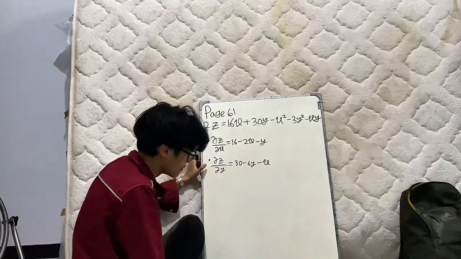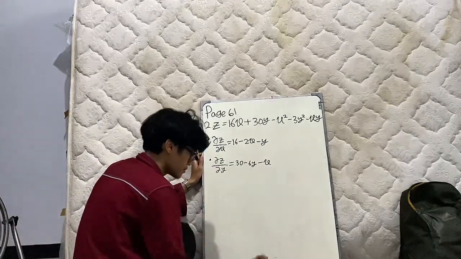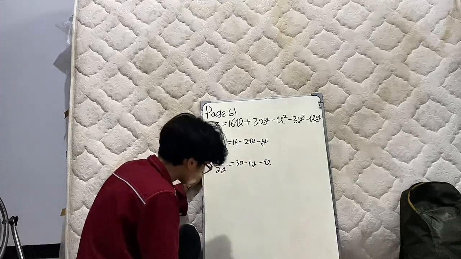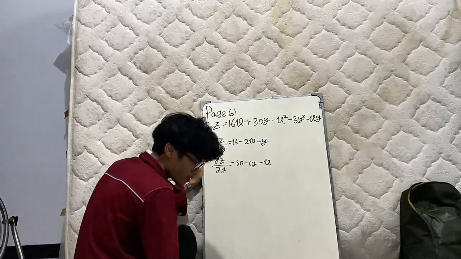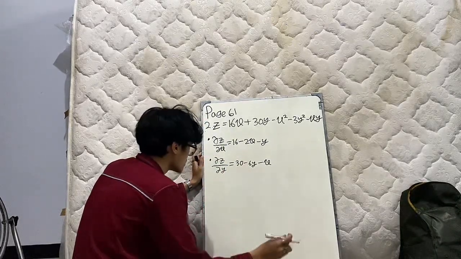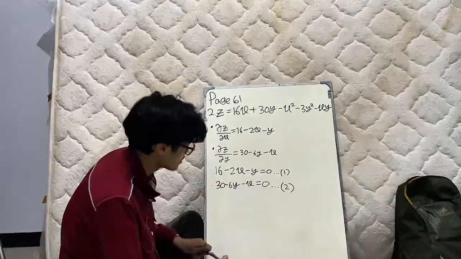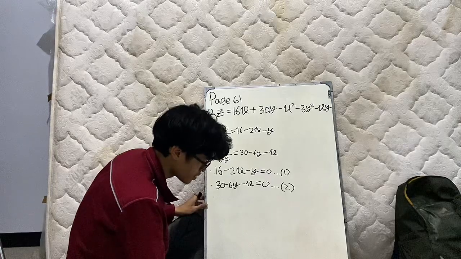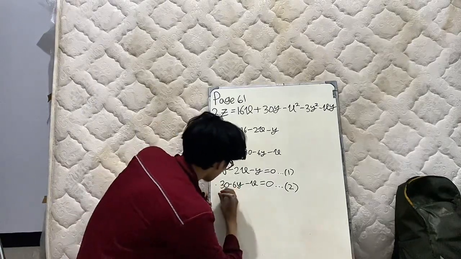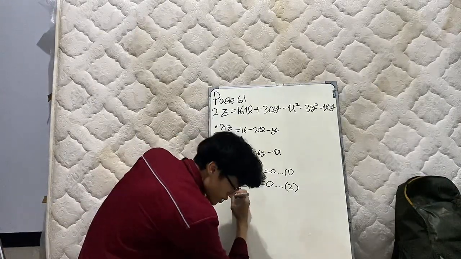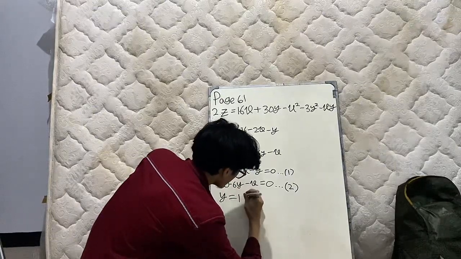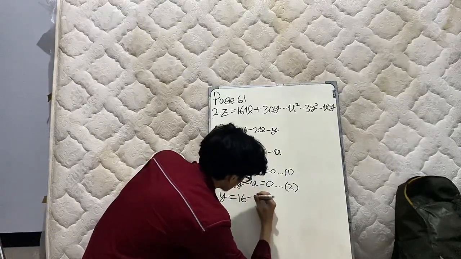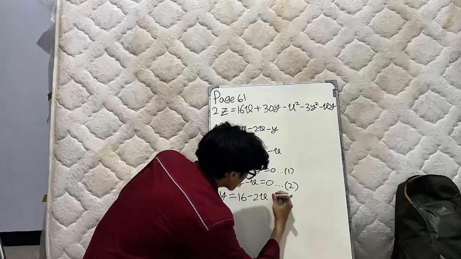After that, we find the stationary point by setting both the partial derivatives equal to 0. From the first function, we can get y equals 16 minus 2x.